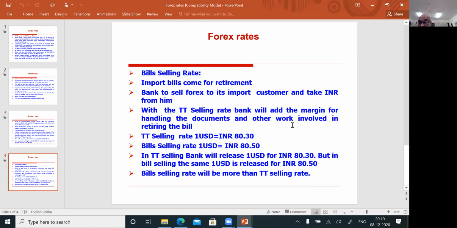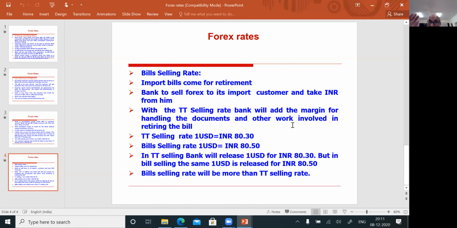With the TT buying rate, the bank subtracted the margin, because the bank will give only lesser rupees, as handling charges and many things are involved. When converting the TT selling rate into the bills selling rate, the margin will be added.